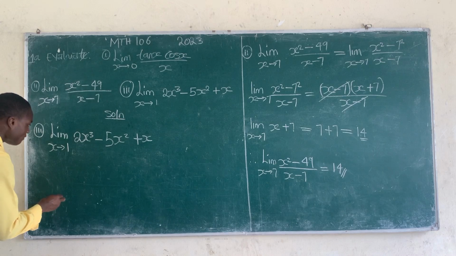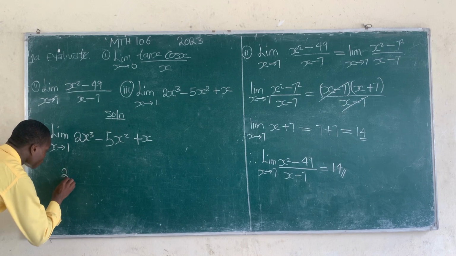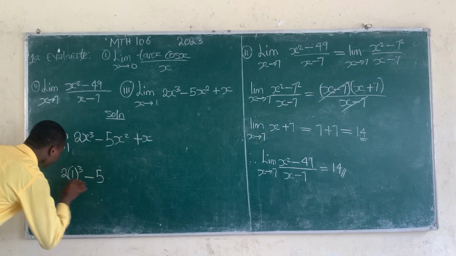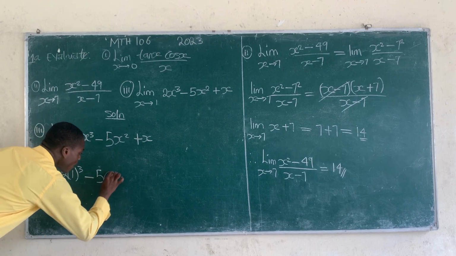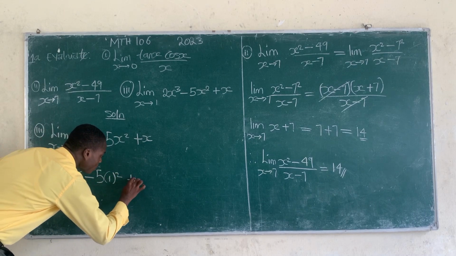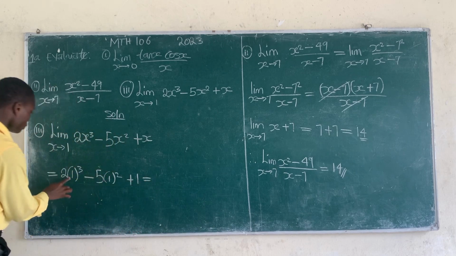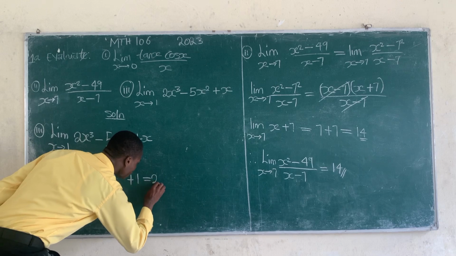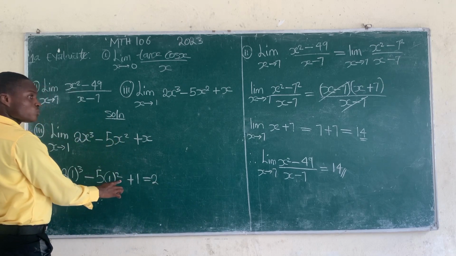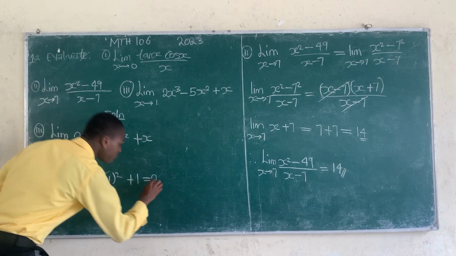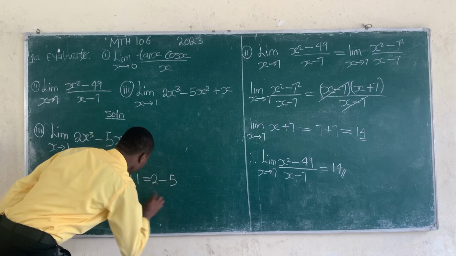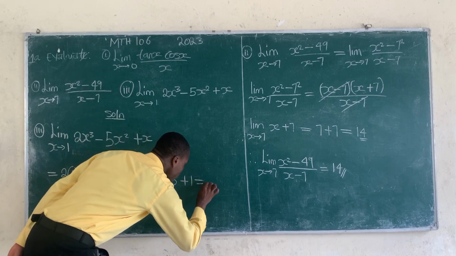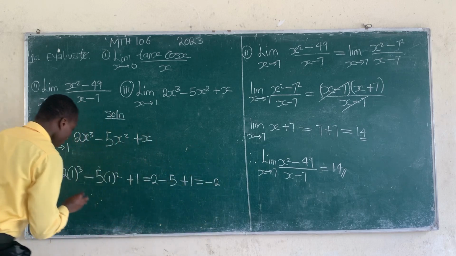So what we are going to have here is 2 into 1 cube minus 5 into 1 square plus 1, and this is going to give us 1 raised to the power of 3 is 1, 1 times 2 is 2, so we have 1 to the power of 2 is 1, 1 times 5 is 5, 2 minus 5 plus 1, and this is going to give us minus 2.